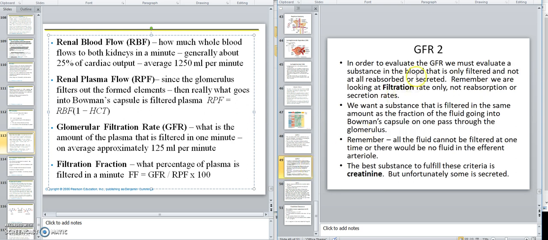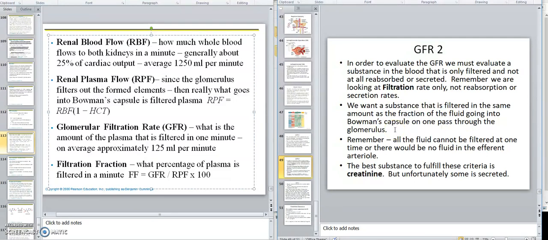In order to evaluate the glomerular filtration rate, we must evaluate a substance in the blood that is only filtered and not at all reabsorbed or secreted. So we have to look for something your body makes. Remember, we're looking at filtration rate only, not reabsorption or secretion rates. We want a substance that is filtered in the same amount as the fraction of the fluid going into Bowman's capsule on one pass through.